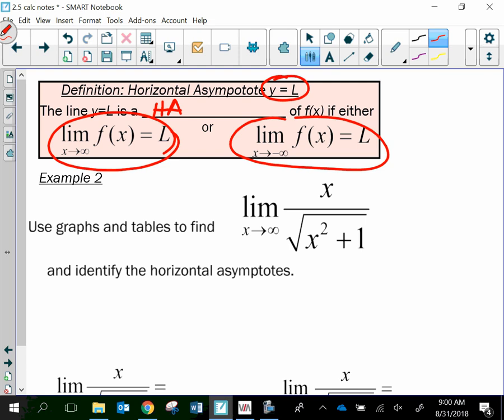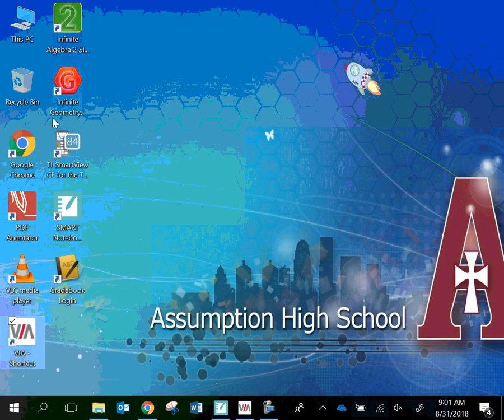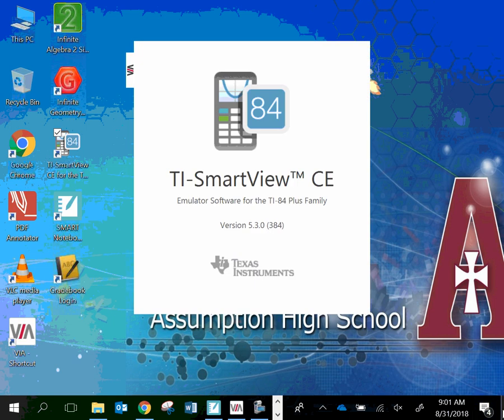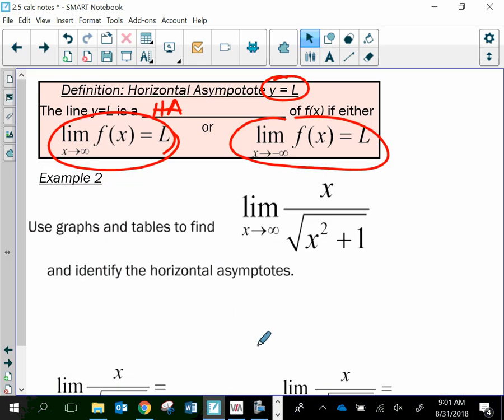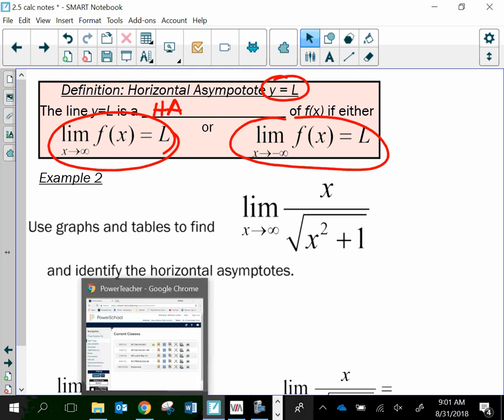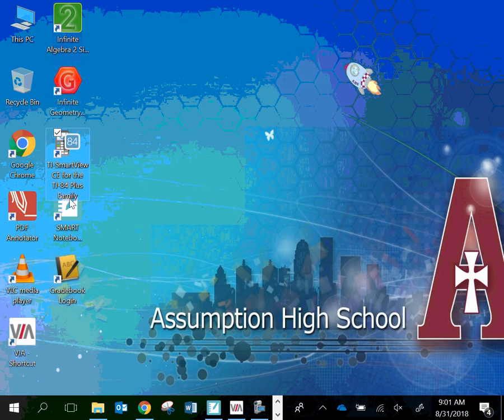So let's take a look at our graph, our calculator, and put that in there. If you would, please. Let's see. I got to get it open here. Alpha Y equals. You're welcome. All right, so where's my, why is that not, no, I don't like this thing here.